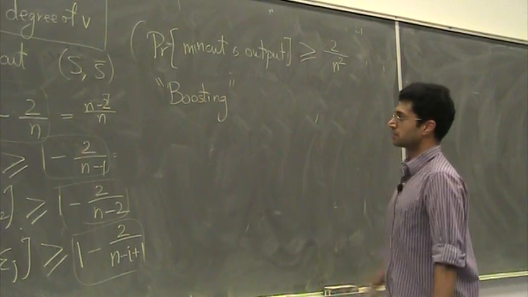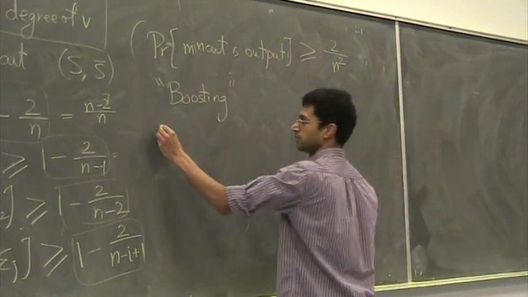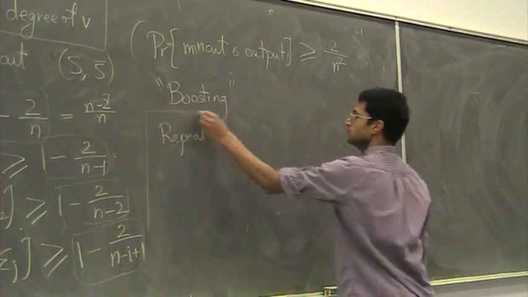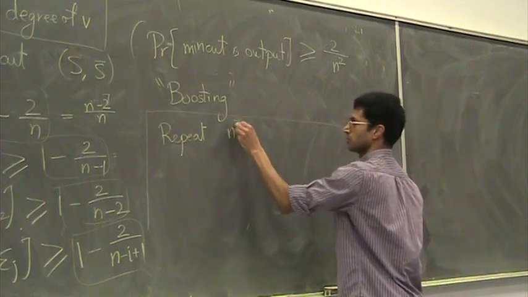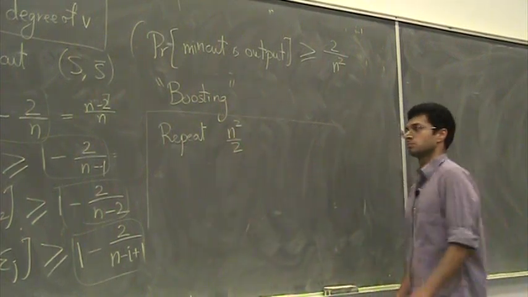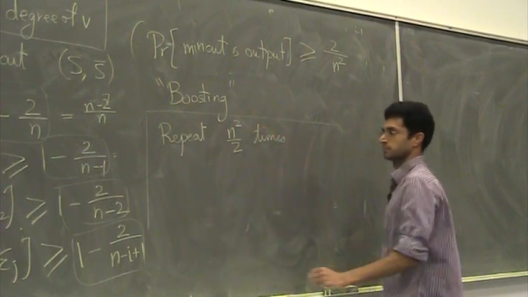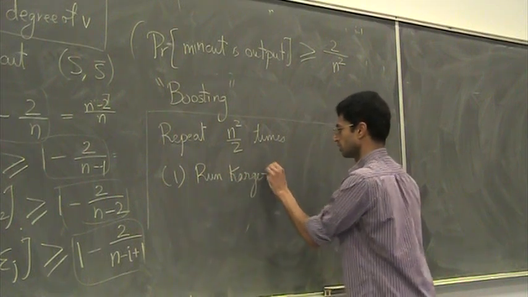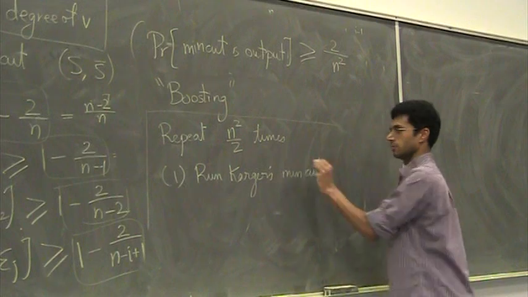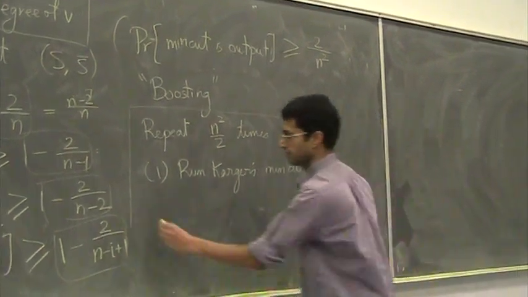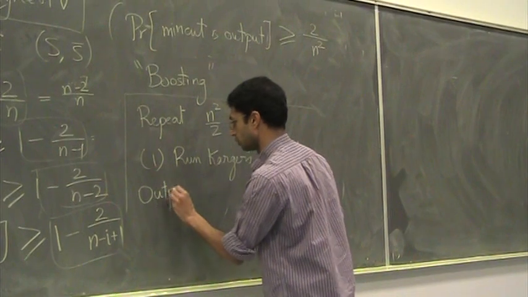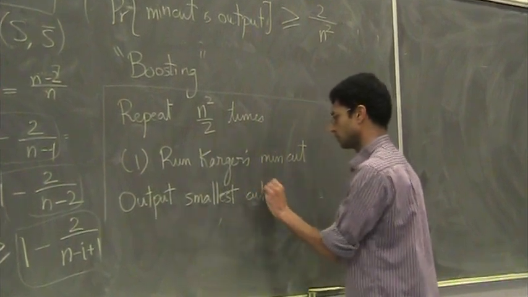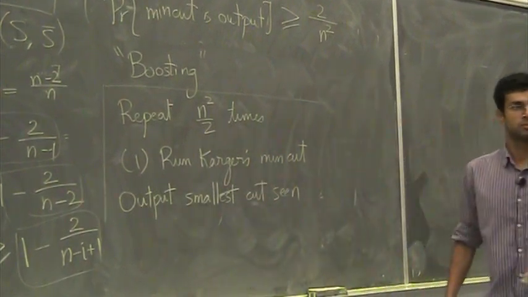So the boosting idea is, I'll just say repeat n squared over 2 times: run Karger's Mincut algorithm, and then over here output the smallest cut seen. Okay?